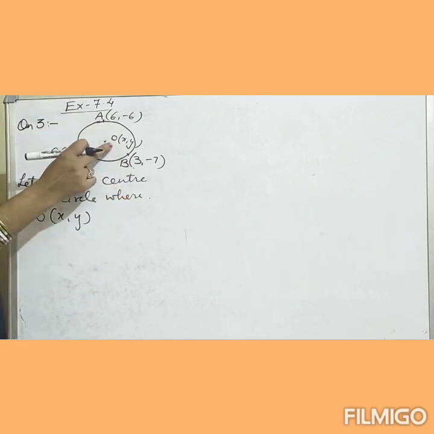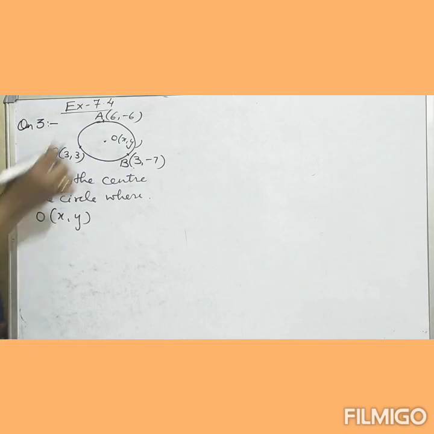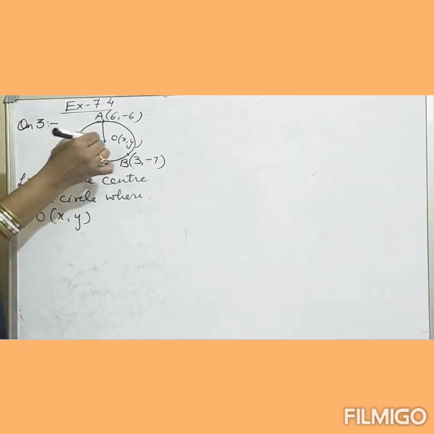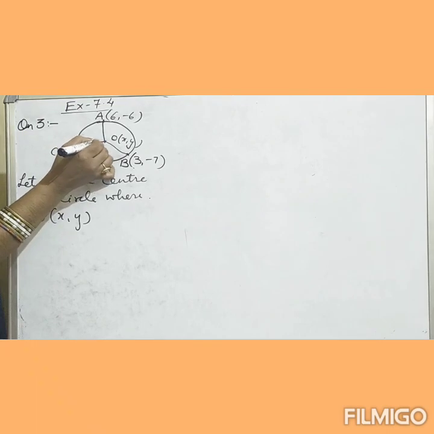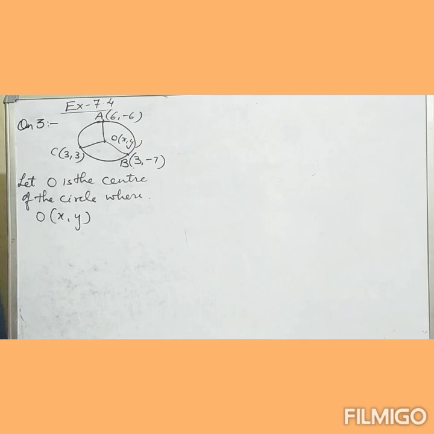So if O is the center of the circle, then OA must be the radius of the circle, isn't it? Similarly, OB is also the radius, am I right? And similarly, OC will also be the radius of the circle.